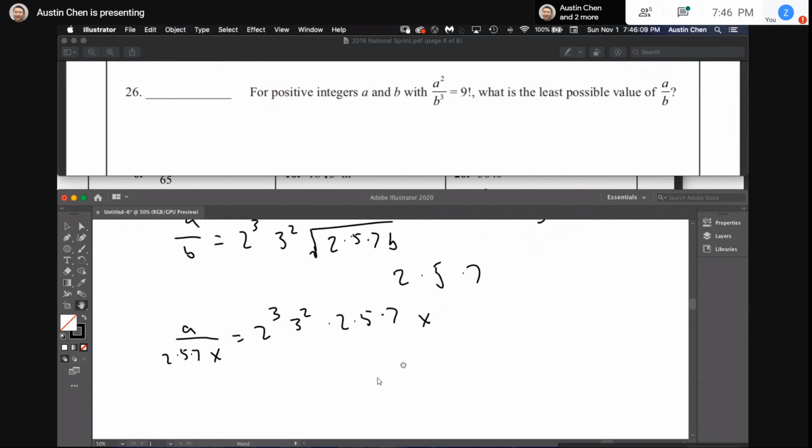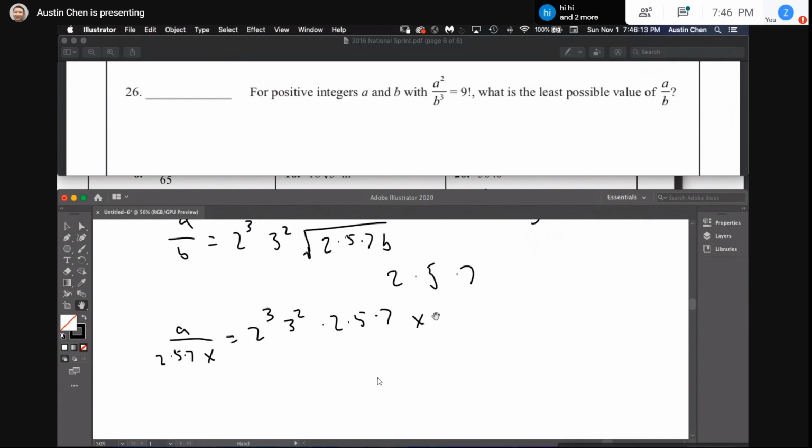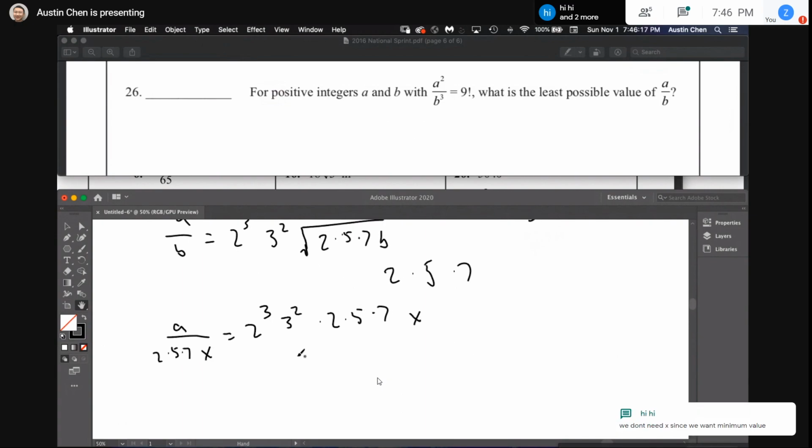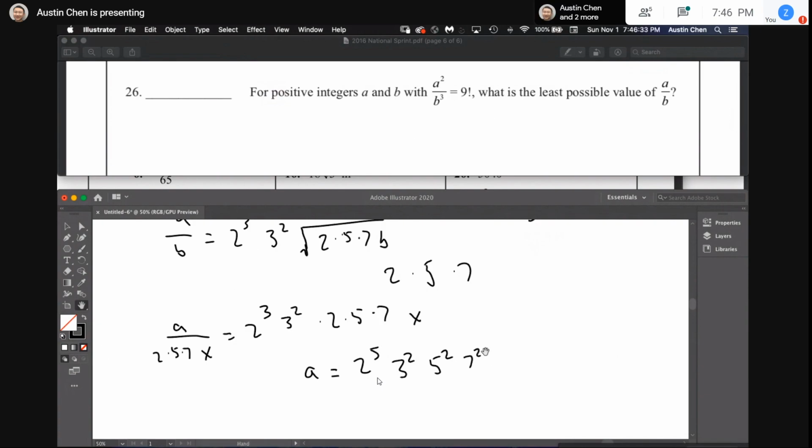If x is just 1, there's no rest of b, then a is 2 to the 5th, 3 squared, 5 squared, and 7 squared. Actually, is that right?